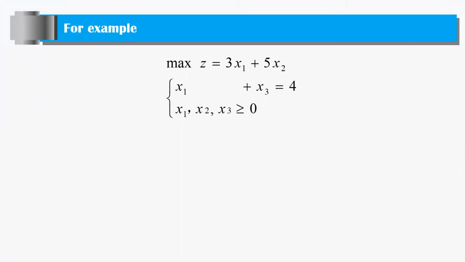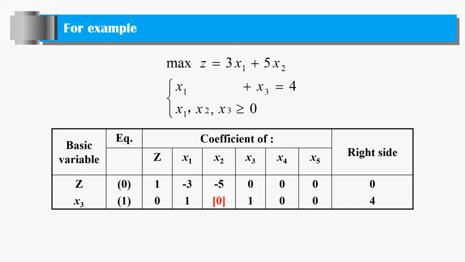Let's look at an example. If we consider this linear programming problem of maximizing z equals 3x1 plus 5x2 with the constraint that x1 plus x3 equals 4, here we already introduced the slack variable. If we build up its simplex tableau, we can see that in the first optimality test, -5 has the biggest absolute value among the negative coefficients.